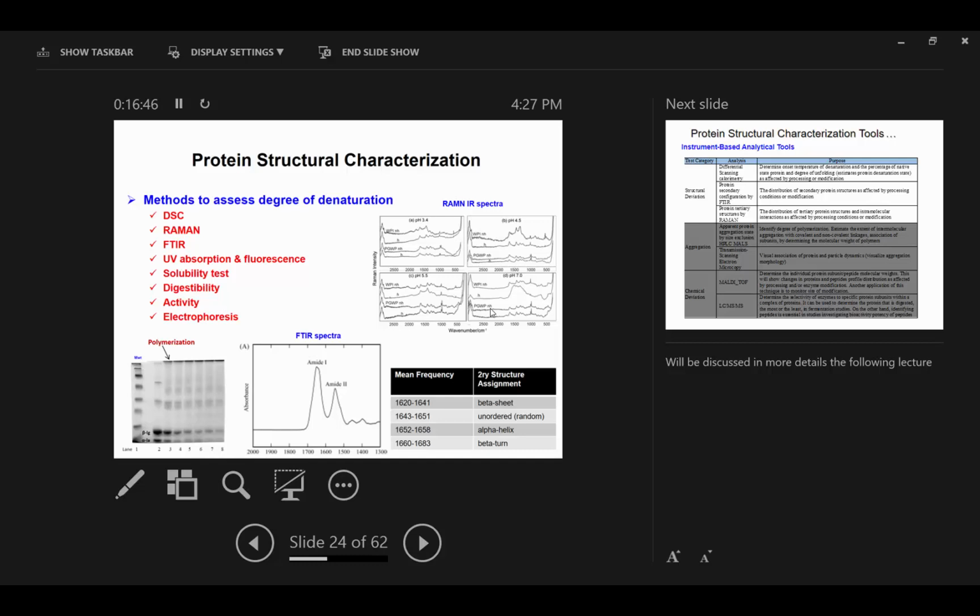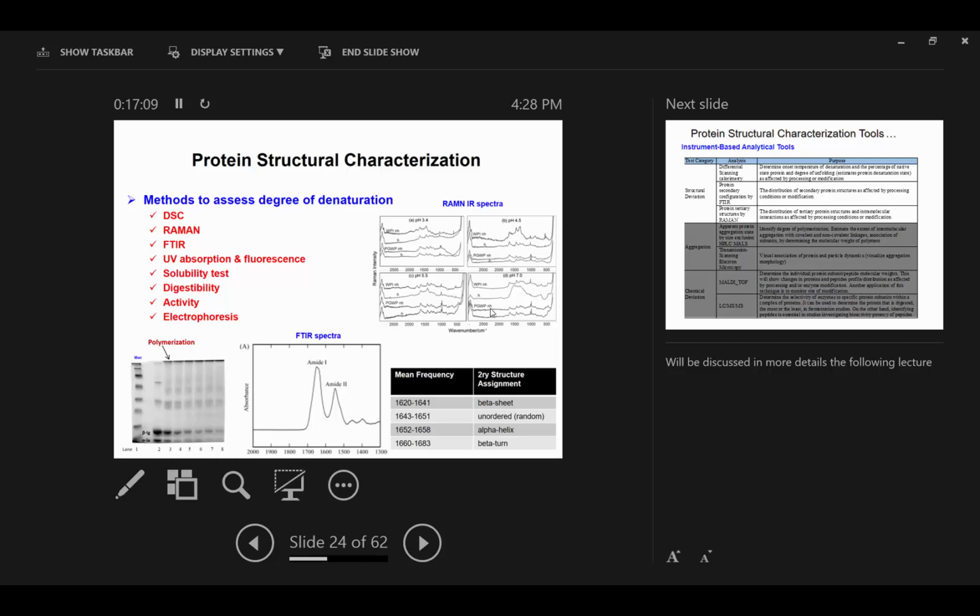But because they're hydrophobic, they're mostly in the interior of the protein, hiding from the aqueous medium. When you denature the protein, it opens up and they're exposed. So when you measure absorption and fluorescence, you're going to have higher fluorescence because they're exposed now, so you will see a higher measurement.